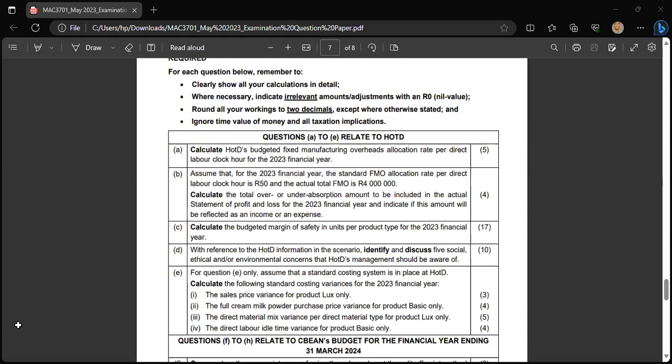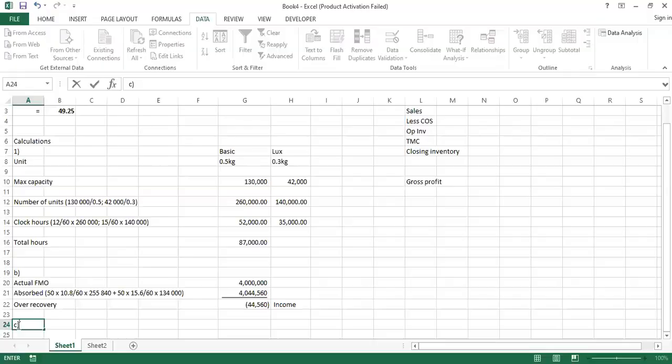So the margin of safety: on the numerator on top, we should have sales minus break even. In the brackets, you have your sales units, and we deduct from our sales units our break-even units.